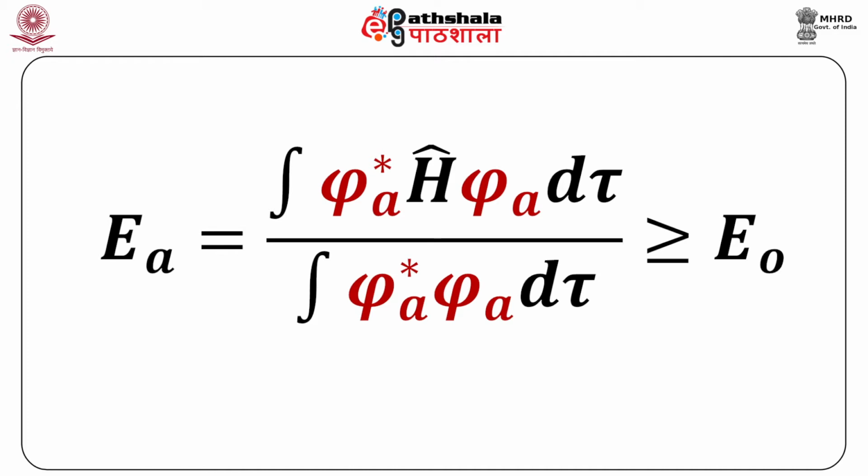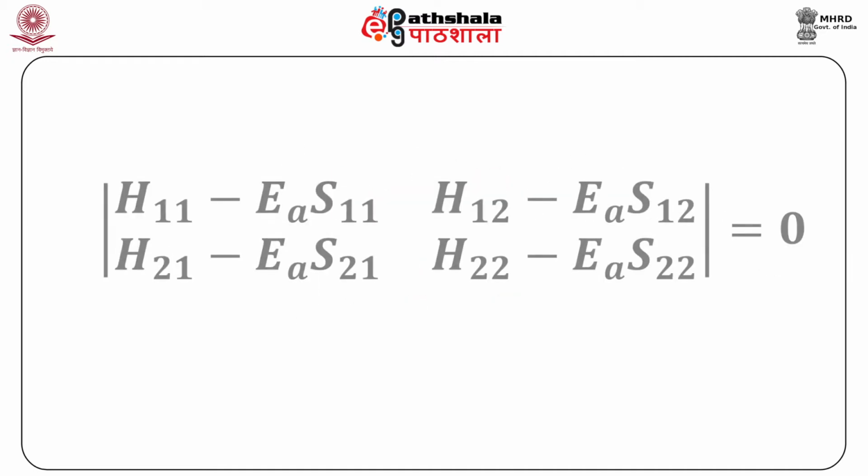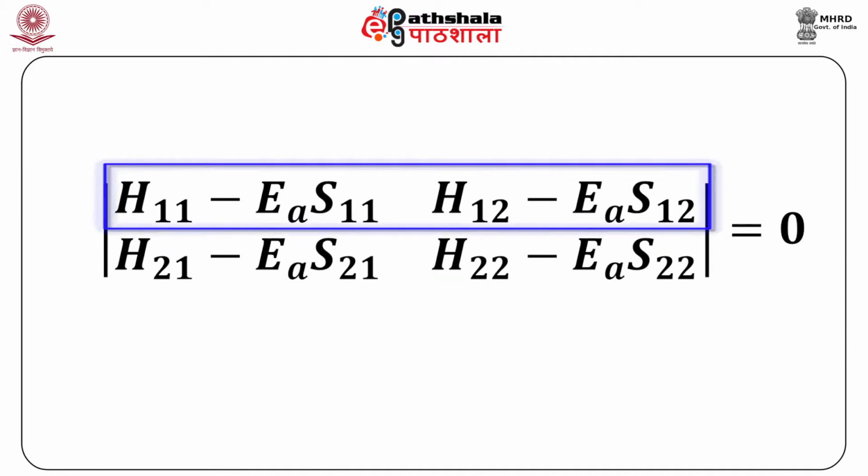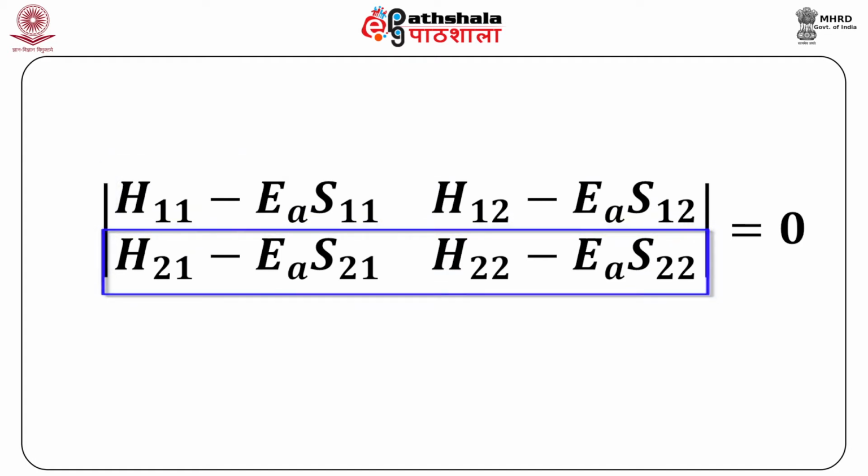In this equation, if we substitute the values of the molecular orbitals in terms of LCAO and then simplify, we get the secular determinant, which looks as shown here. For a diatomic molecule, it would be H11 minus ES11, H12 minus ES12, and the second row is H21 minus E_A S21 and H22 minus E_A S22.